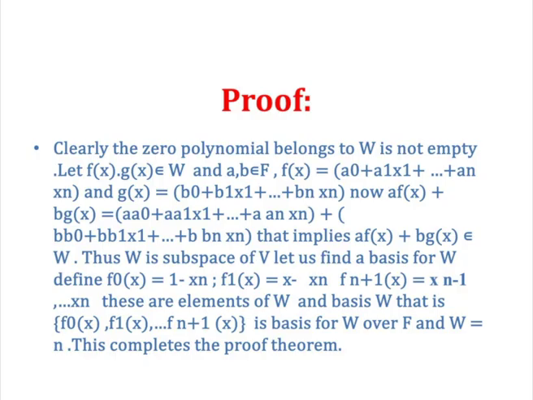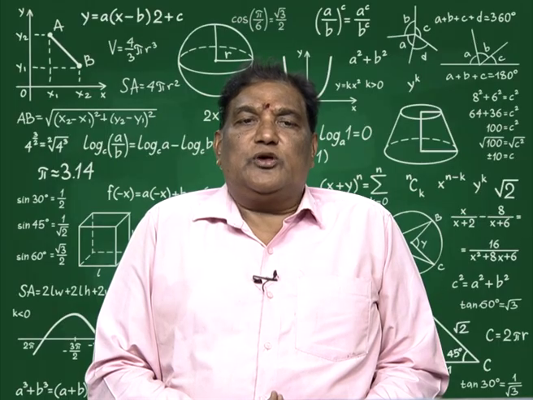Now, a f of x plus b g of x equal to a a0 plus a a1 x and so on, plus b b0 plus b b1 x and so on, which implies a f of x plus b g of x belongs to W. Thus, W is a subspace of V.